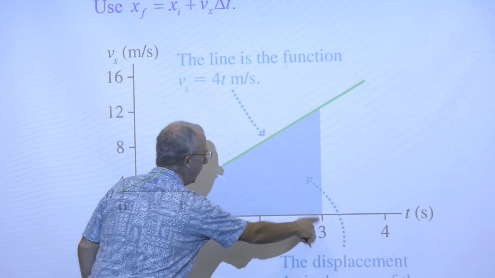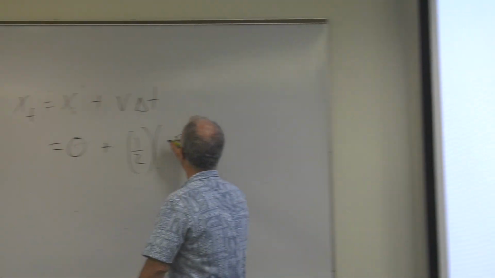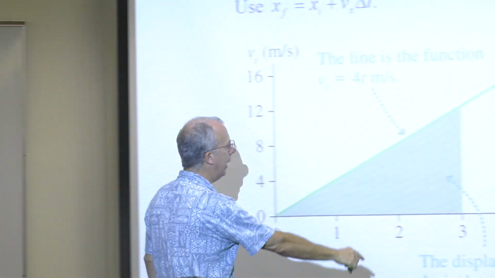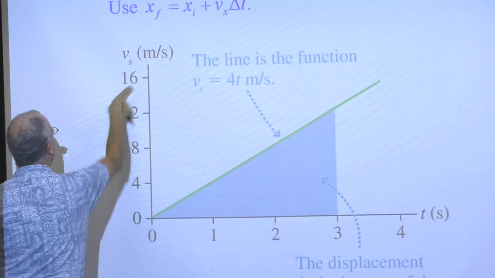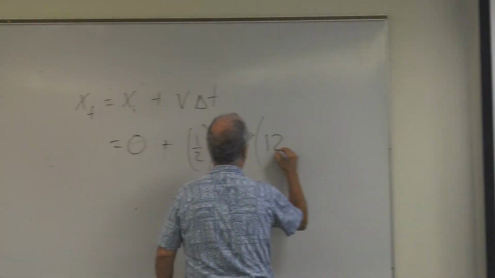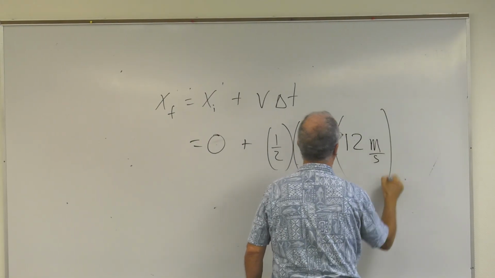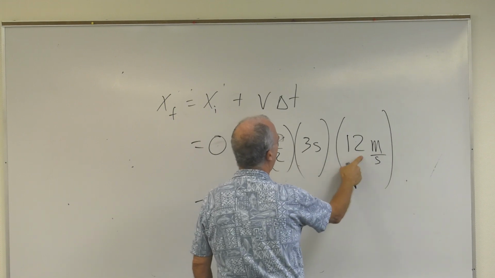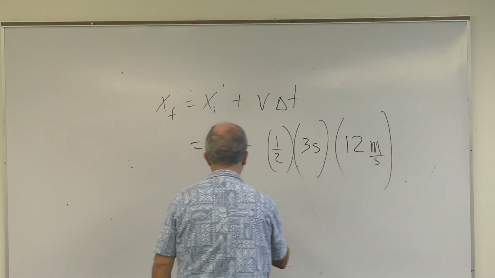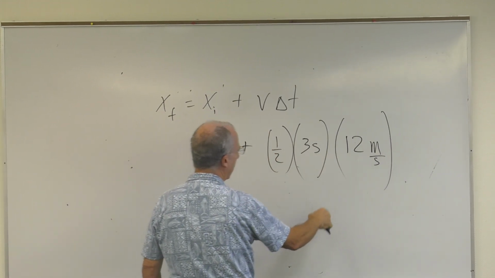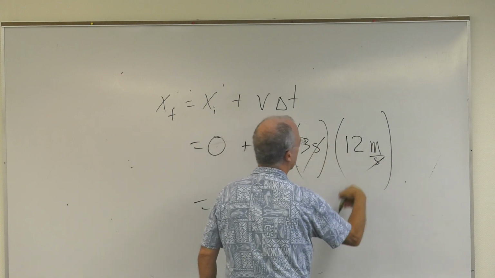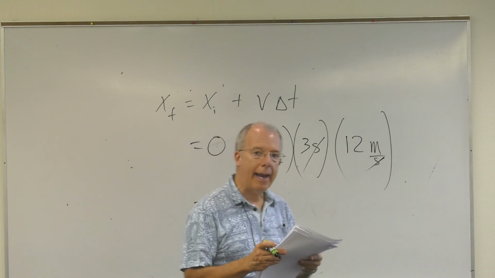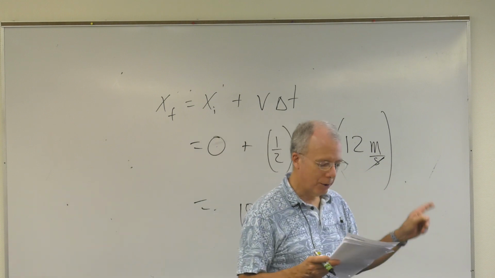The base is 3 seconds, and the height is 12 meters per second. Half of 12 is 6, and 6 times 3 is 18. Look at the units: the seconds cancel, so we just get 18 meters. So that's the answer, 18 meters. Make sure you can do that.